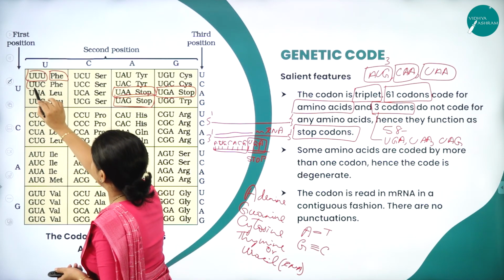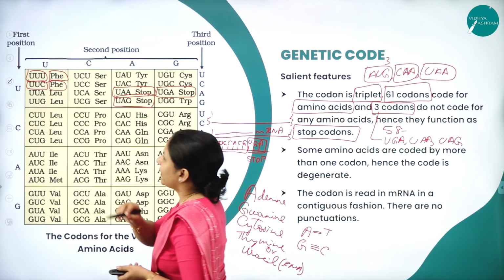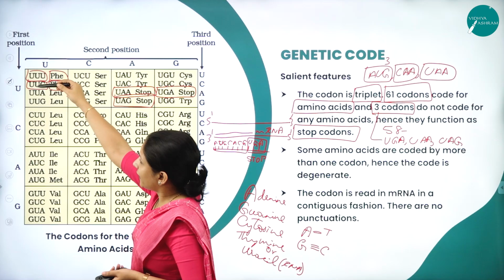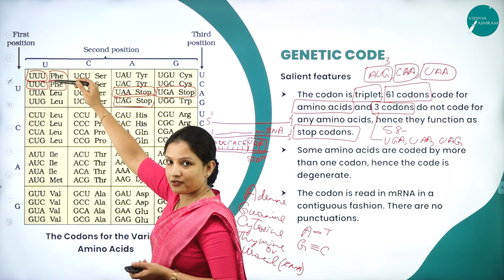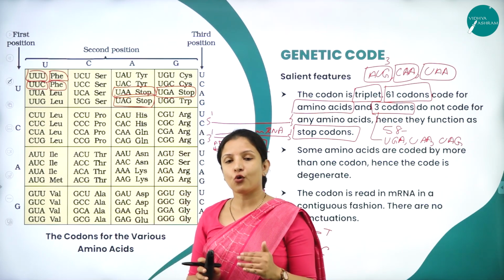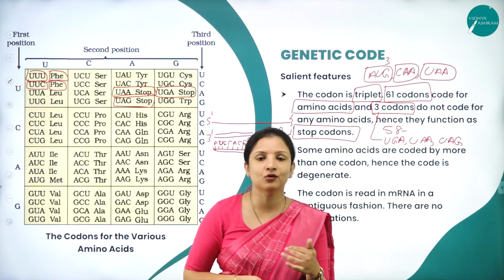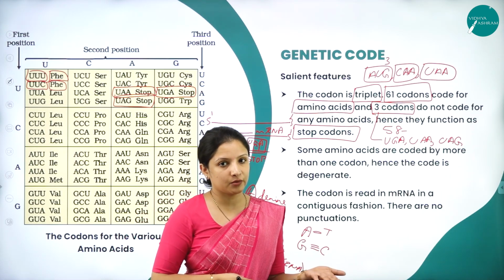Now, there is another codon, UUC, which again codes for phenylalanine, right? Aren't 2 different codons coding for the same amino acid here? So, out of the 61 codons, there are a few which code for the same amino acid. The codons might be different, but the amino acid produced will be the same.